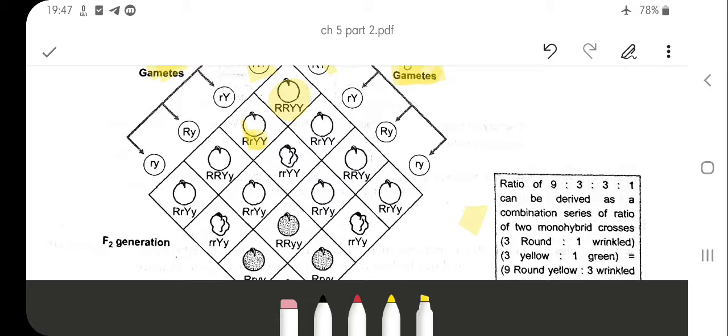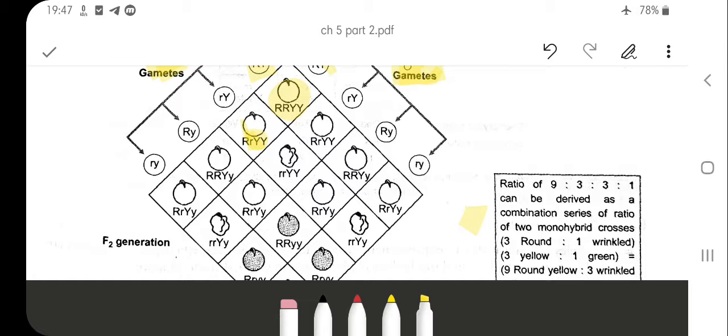So if I want to know the round yellow seed, first I am going to count the round yellow seeds. This is round yellow, this is round yellow, because they are having a capital R and capital Y. So this is again capital R, capital Y, round yellow, this is round yellow, and no, this is not round yellow, this is round yellow.